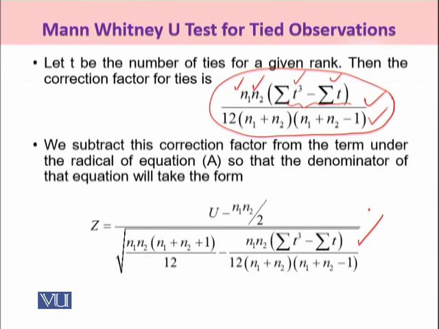So you would be using this formula when N1 and N2 are both greater than 20 and there are certain significant ties across the groups. In this particular situation, students, you cannot apply the Mann Whitney U test because you may not be provided with the tabulated critical value for the Mann Whitney U test. So in that case, you would have to make use of this Z test when there are certain types of ties across the groups.